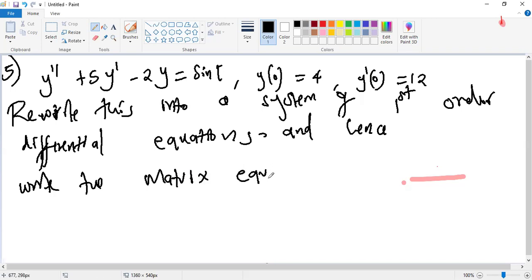Can you guys do this? We have a lot of time to go. Convert also the boundary conditions.